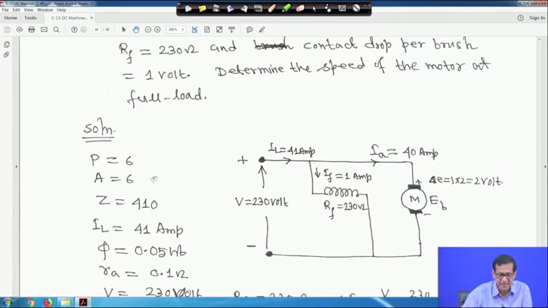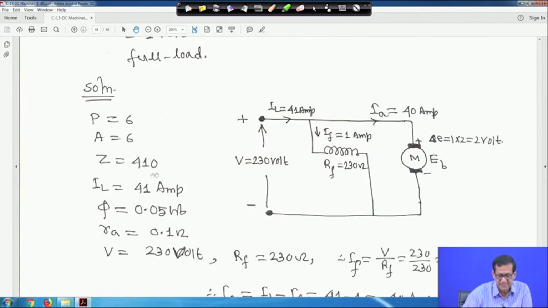So, it is given lap connected, pole P is equal to 6. Therefore, for lap connection parallel paths will be A is equal to P is equal to 6, right. So, Z is equal to 410, the number of conductors, the current IL is given 41 ampere, flux is given 0.05 Weber, Ra armature resistance given 0.1 ohm, terminal voltage V is given 230 volt, Rf is given 230 ohm.